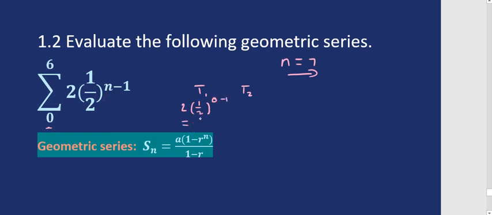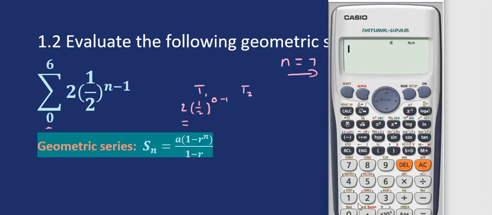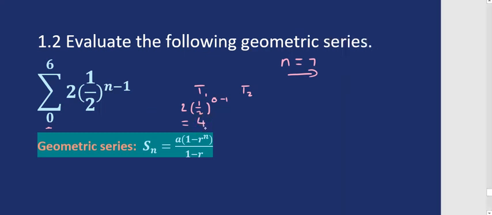So term 1 is 4, and this is A. Term 1 is A, so we've got A of 4.